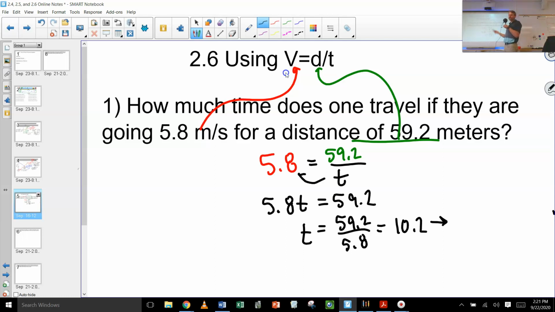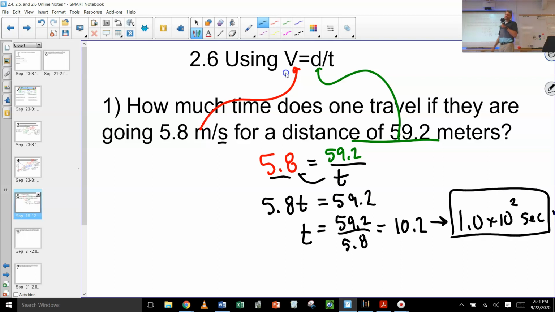So this problem, I'm limited by the 5.8, so I got to go 10. And I can't forget my units. This is in meters and seconds, so this is going to be seconds. The time is 10 seconds, but bummer, I got to use significant figures, so I got to write 1.0 times 10 to the 2 seconds.